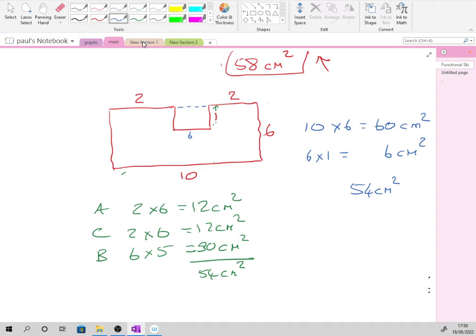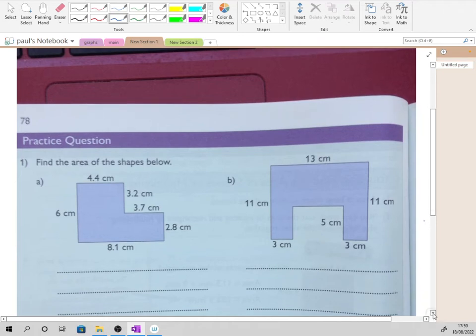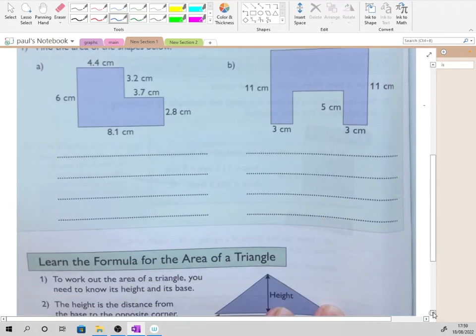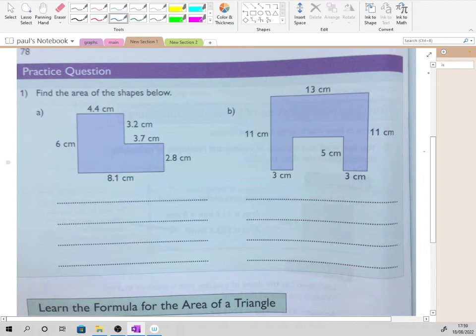Right, so let's have a look at some more square-type check questions. That's a triangle, we'll come to that in a minute. We've also got decimals in here. So what we're going to do is pause it, have a go, and then see if we get the same.